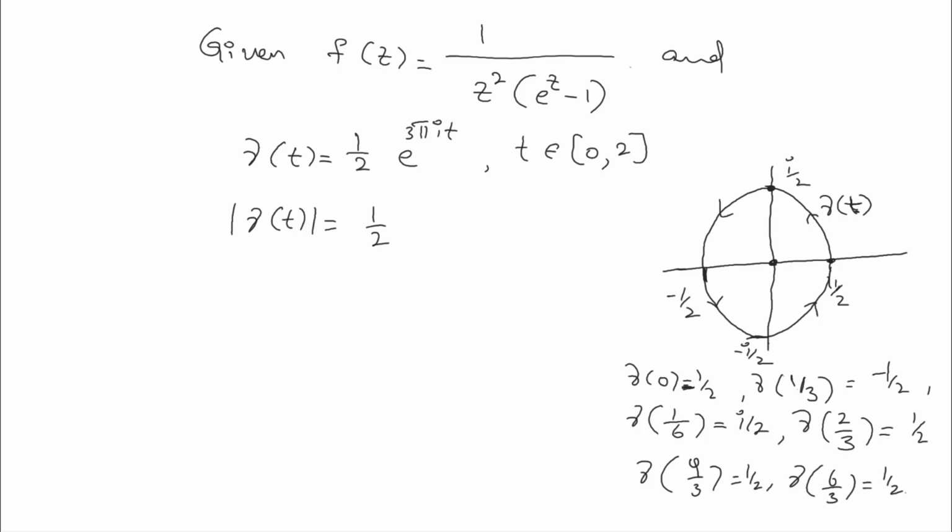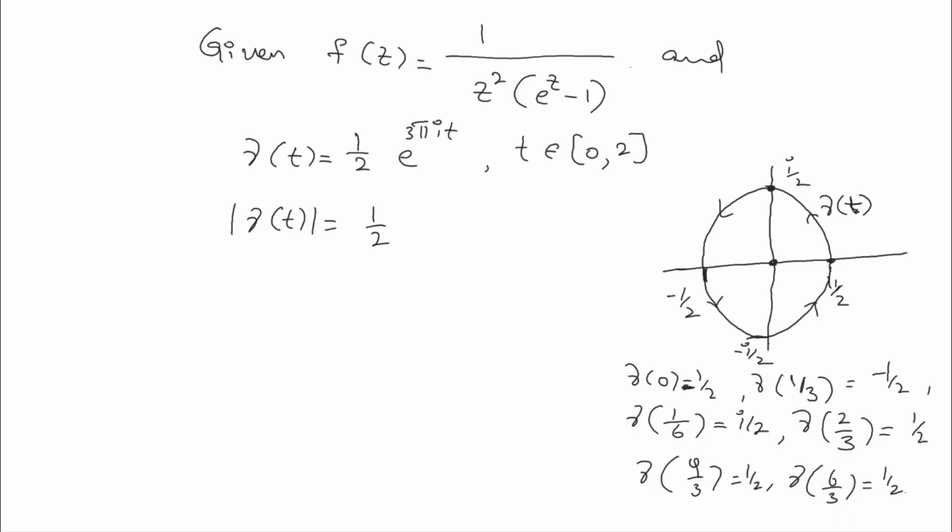That means the curve gamma travels along this circle, modulus z equal to half, since we can see the image of gamma at the points 0, 2π divided by 3, 4π divided by 3, and 6π divided by 3 are the same.